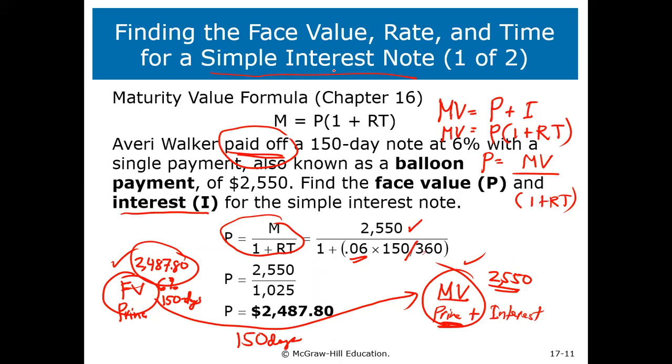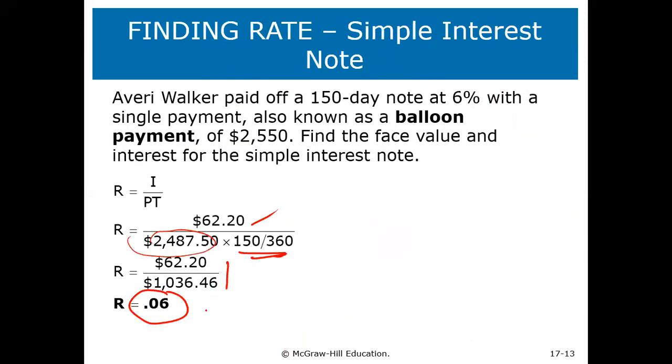Class, I'm expecting 6% because this is a simple interest note. For a simple interest note, the effective rate will always be equal to your stated rate, because that's the one stated in the note, that the interest is 6%. And it turns out that indeed it is 6%.